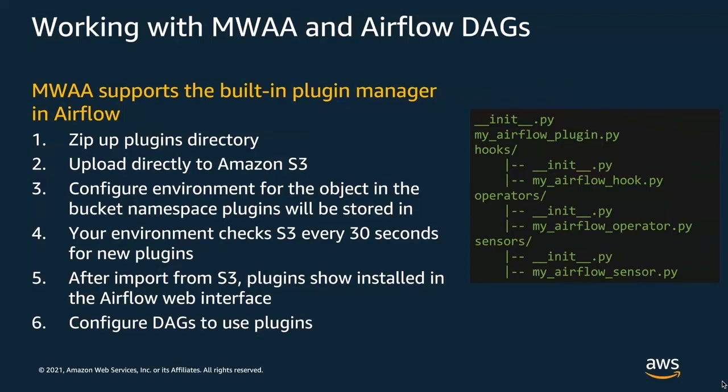You then have to have the environment configured to know where that plugin's zip file should be expected, and tell it what version it should expect, and it will go and pull that into the environment. From there, it's made available to your actual DAG code, and you can just use a normal Python import statement to import that plugin, based on the namespace of the directory structure like you see here. We've got pretty solid examples of this in the documentation.